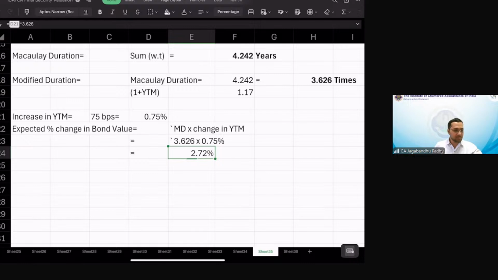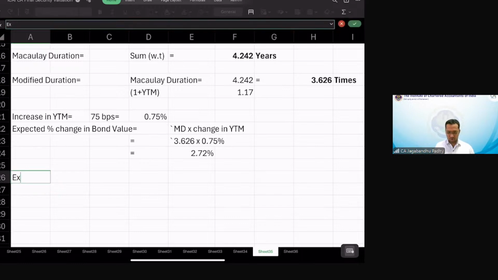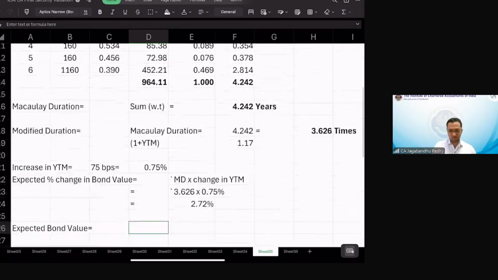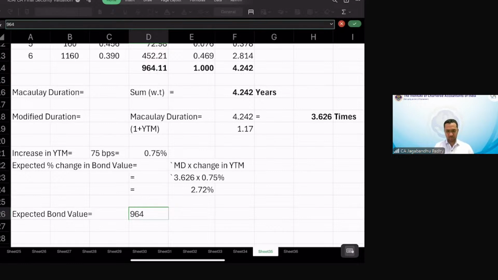Yes. Now, what will be the expected bond value? Expected bond value will be 964.11, which is the original bond value, multiplied by 1 minus 2.72%.